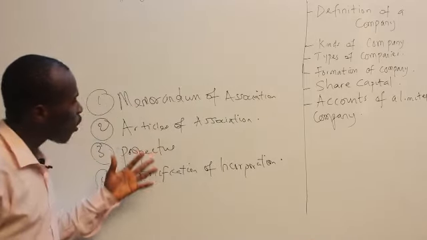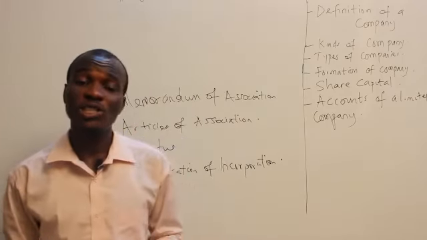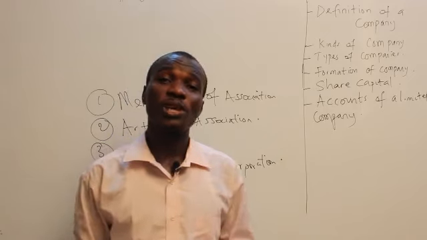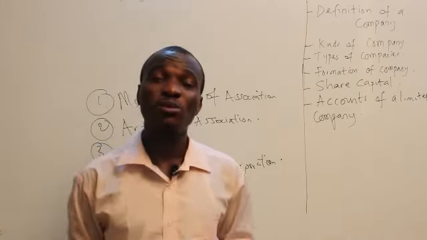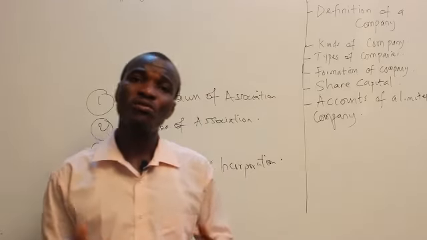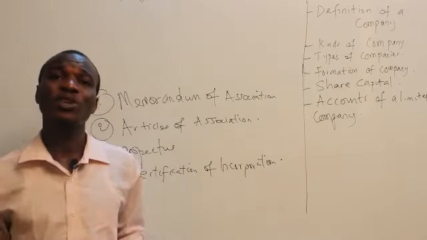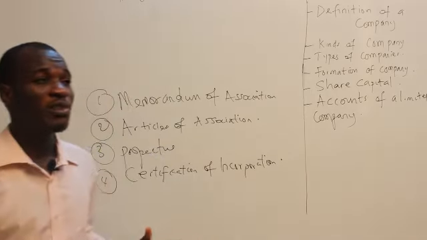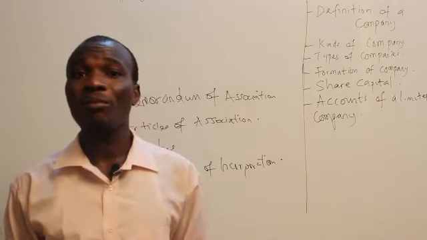So what does the memorandum of association contain as a document? It contains the objective of the company. A company that is to be established must have a certain objective, so its objective must be fully stated. Number two, the name of the company must be fully stated. And number three, the purpose of establishing the company must be fully known, because such a company must not be formed for illegal purposes.